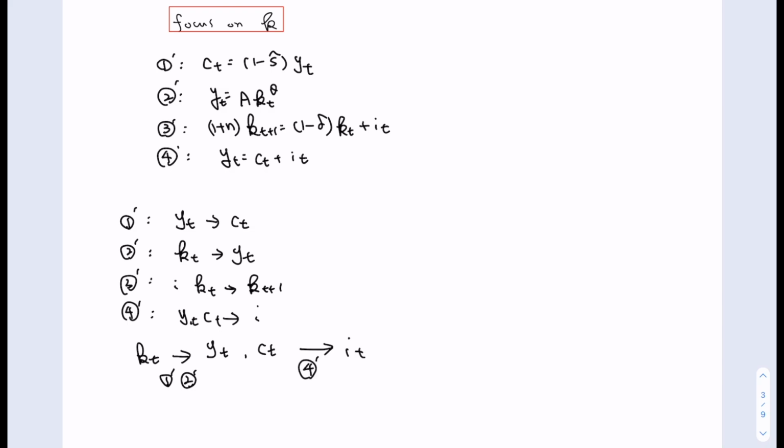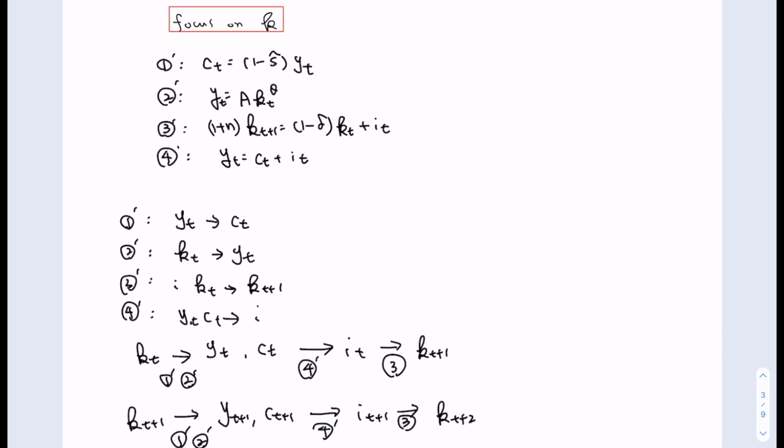And then from the fourth equation, given that we know y and c, we know the I. From the third equation, once we know the I and the k, then we know the k_{t+1}. Once we know k_{t+1}, we can plug it into the first and the second equation again, and we are going to have y_{t+1} and c_{t+1}. Then again, based on the fourth equation, we will be able to get the i_{t+1}, and when we plug this value into the third equation, we will be able to get k_{t+2}.